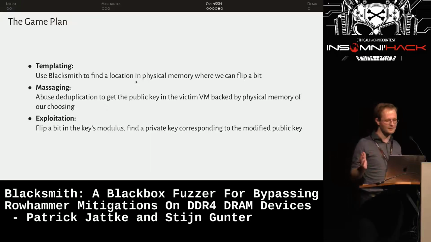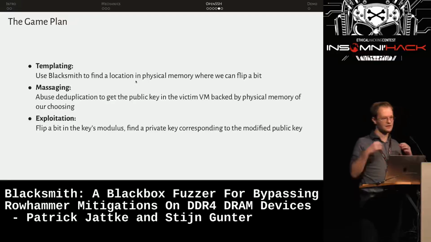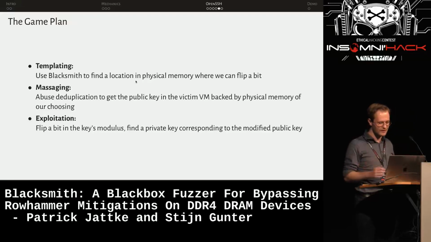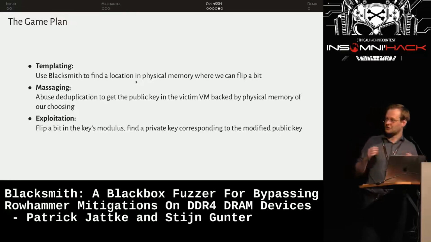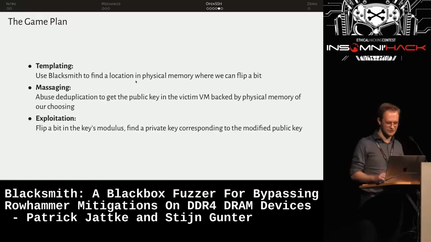And then finally, we flip a bit in the key's modulus by using the Blacksmith pattern that we found on the physical memory we've selected and where we've moved the public key. Once this is done, the victim VM is only aware of this modified public key. We can construct our private key and we can gain access to the server.